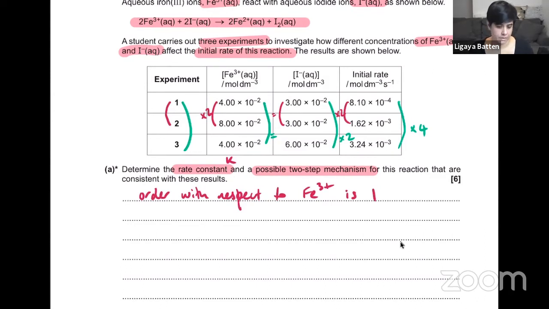Yeah, 8.1 times 10 to the minus 4 times 4 is 3.24 times 10 to the minus 3. So when we doubled I minus, the initial rate quadrupled. So the order with respect to I minus is 2.